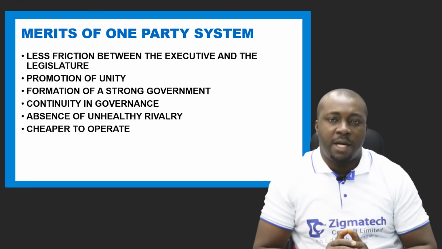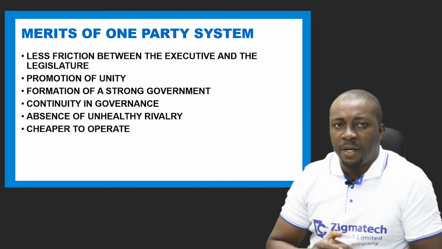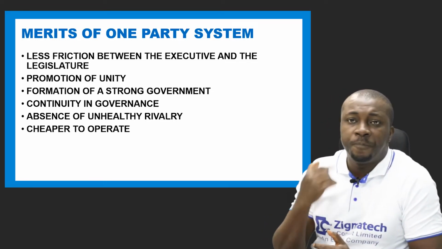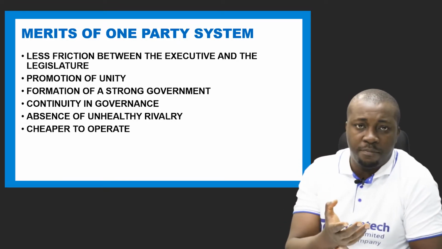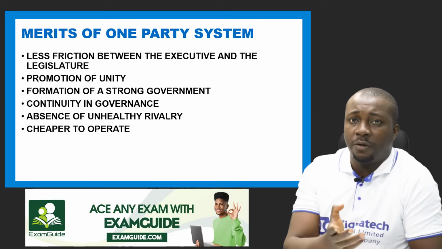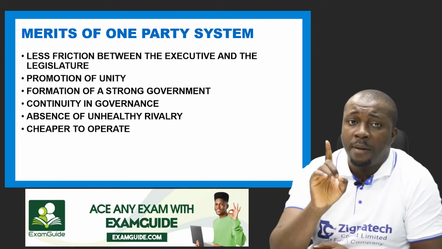Also, it is cheaper to operate. We say it is cheaper to operate for different reasons. One, in some political systems, the government gives grants to officially registered political parties. So in this case, the government will only give a grant to one political party.